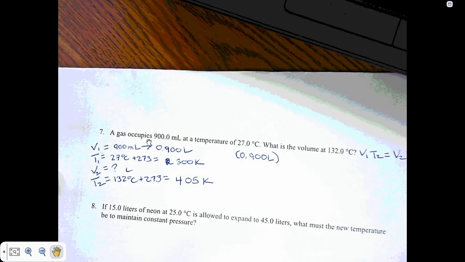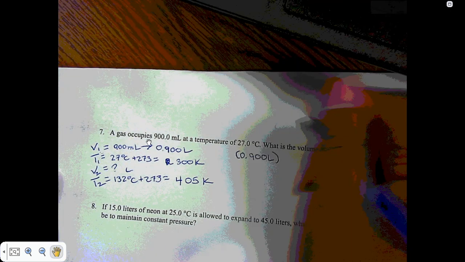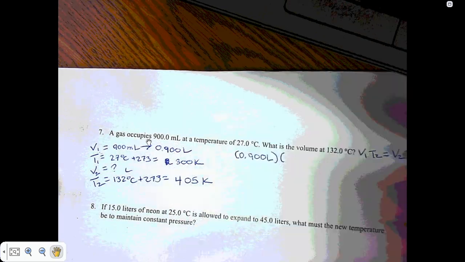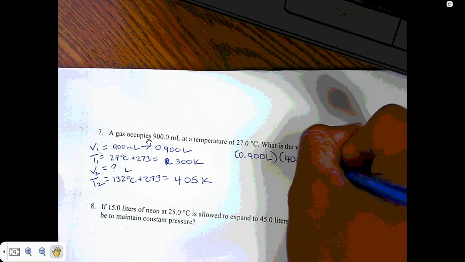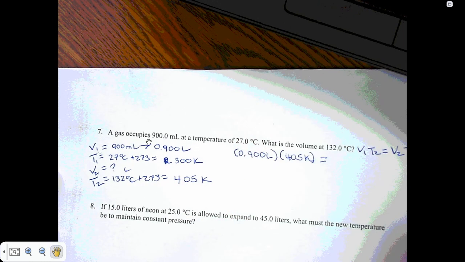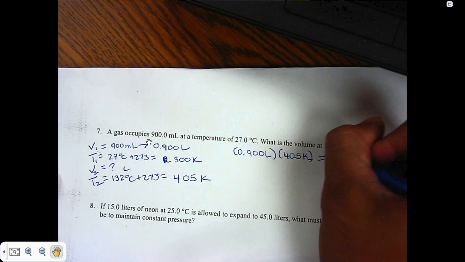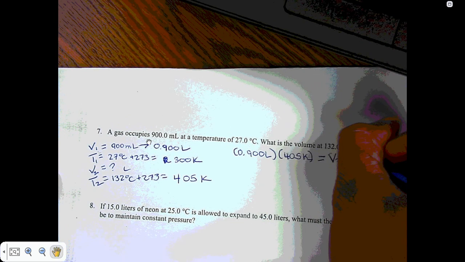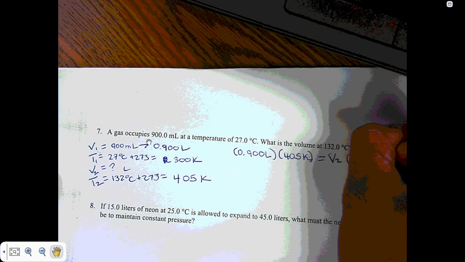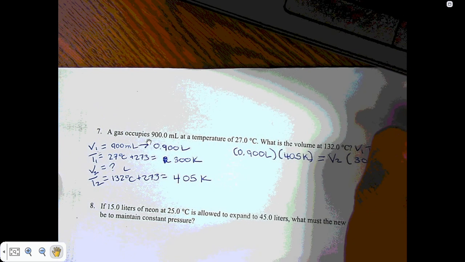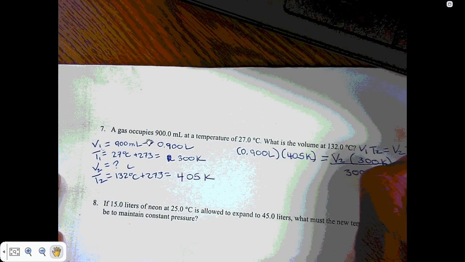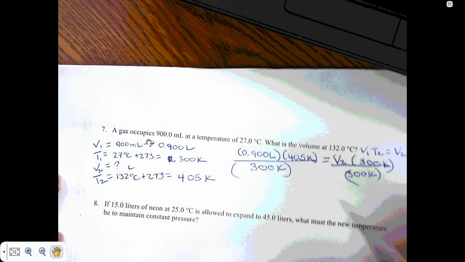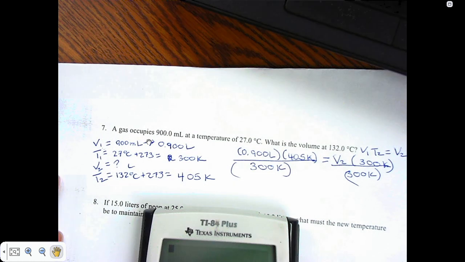Then we'll plug in T2, which is 405 in this case. Then we'll connect that to this V2 that we are not sure of yet, and we'll plug in our T1 value here. Divide both sides by 300 K.